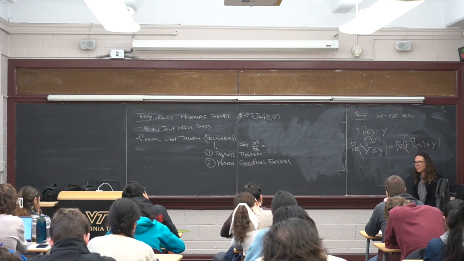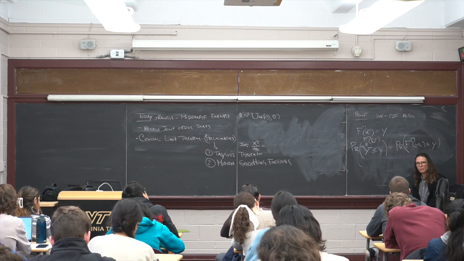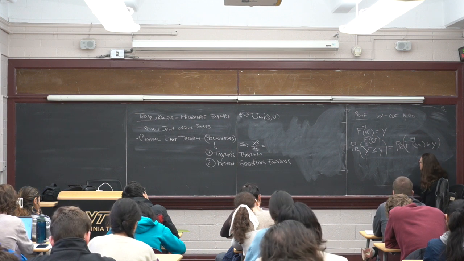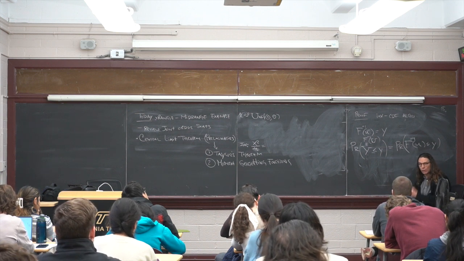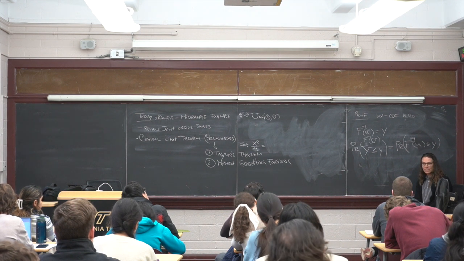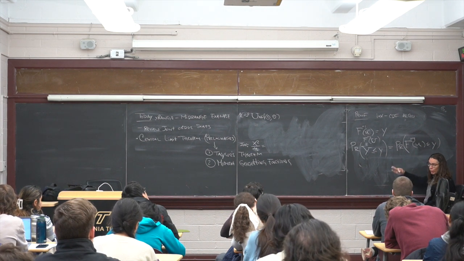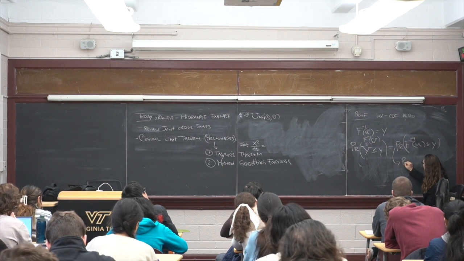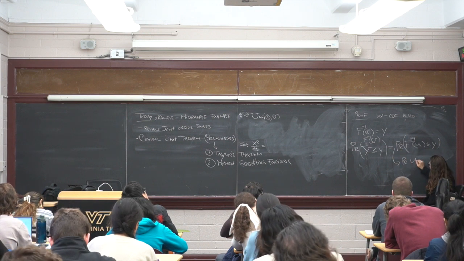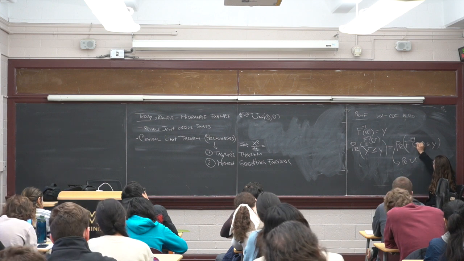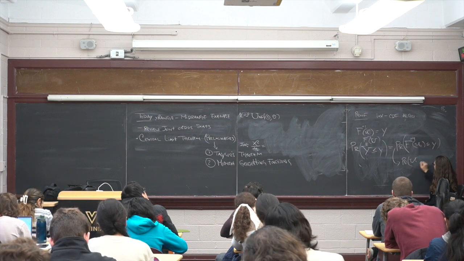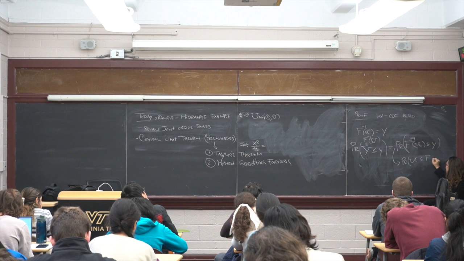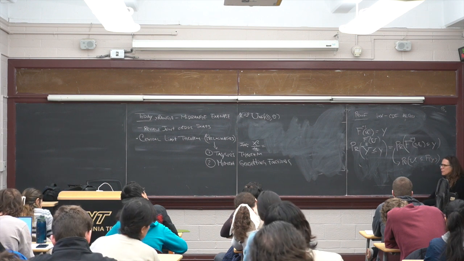I've already inverted the function, so I assume that it's invertible, so I can go the other direction. So again, if you can't invert the function, this is out. Can't use it. Since we've assumed it's invertible, this is the probability that a uniform is less than or equal to F of y.